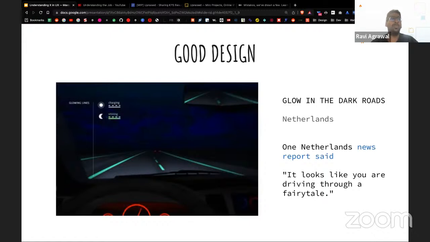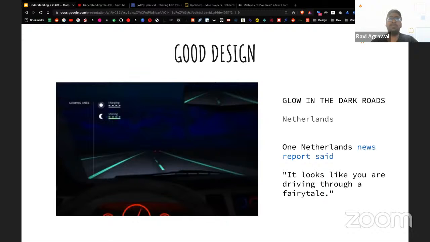For now, though, the 500-meter stretch, which I think is on the N329 highway in Oss, features only glow-in-the-dark road markings. These are created using photoluminescent powder integrated into the road paint itself, right? One of the news reporters said it looks as if you're driving through a fairy tale. Now, all of this is good design, right?